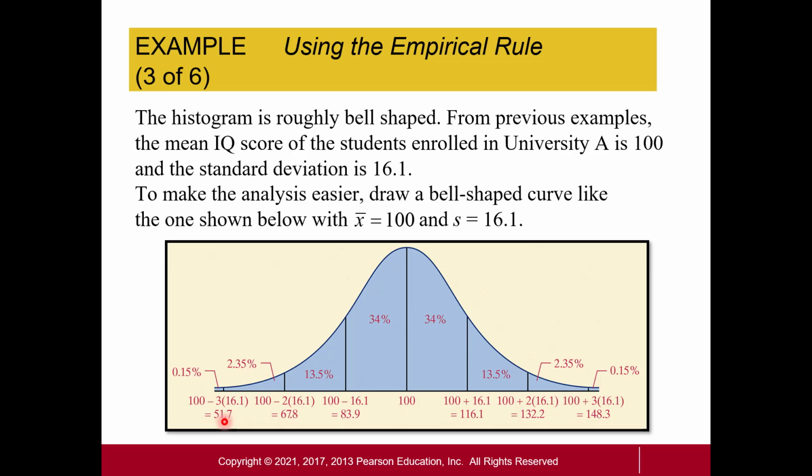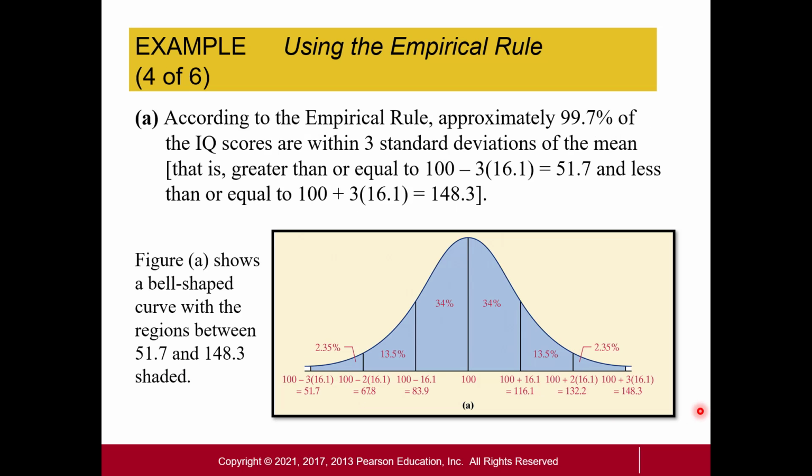So 99.7% of the data, or the IQ scores, should be between 51.7 and 148.3 according to the empirical rule. Okay, so we have exactly what I was just saying here, that 99.7% of the scores are between 51.7 and 148.3.